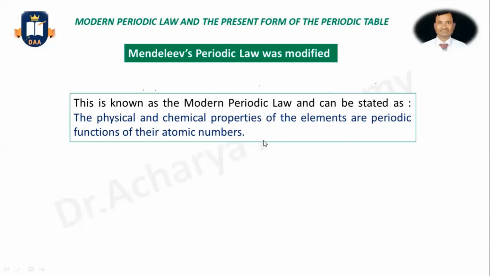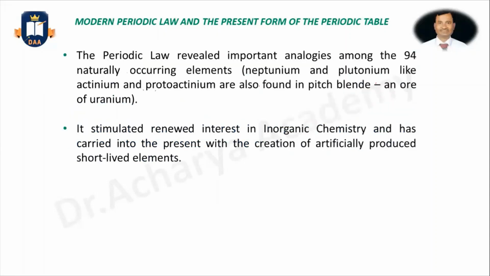And we know that atomic number is the number of protons or the number of electrons in a neutral atom of a particular element.